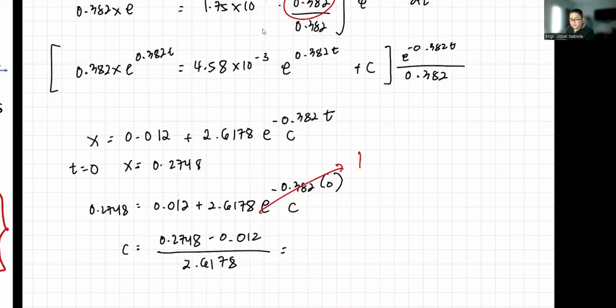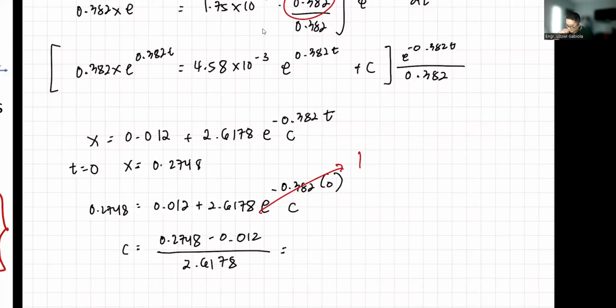Calculate natin 0.2748 minus 0.012 divided by 2.617, equal sa magiging value ng c natin is how much? Parang may nawawala sa ano on given.